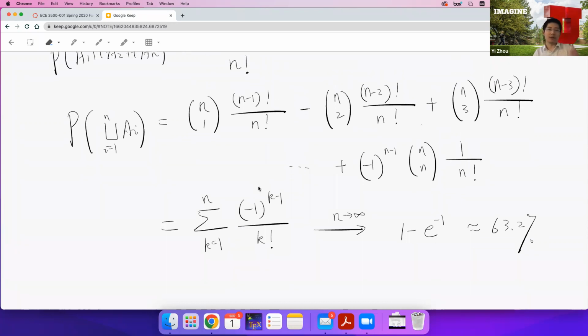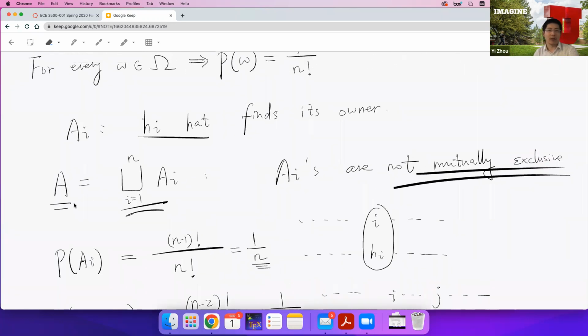So if you consider sufficiently many people randomly shuffling their hats and returning them, you have this probability that at least one person finds their own hat. Here again we are leveraging the union event and the inclusion-exclusion formula.